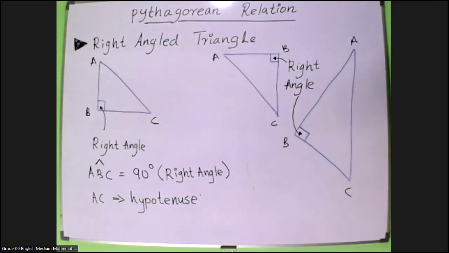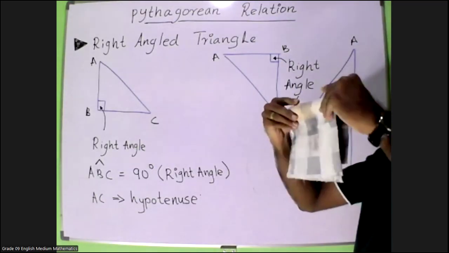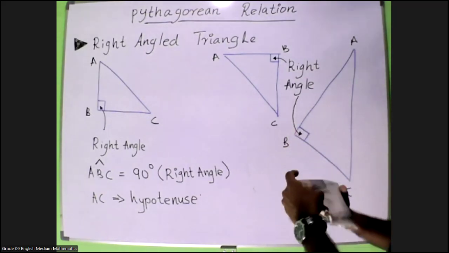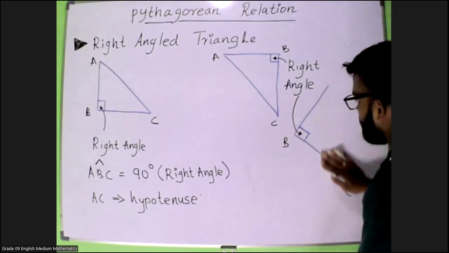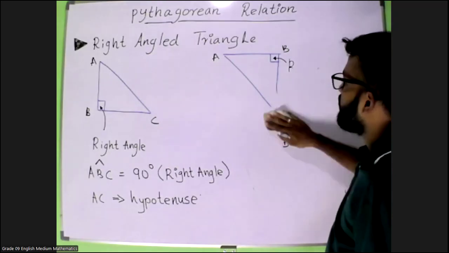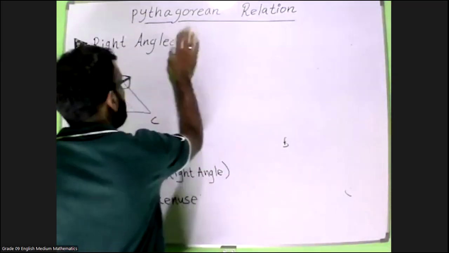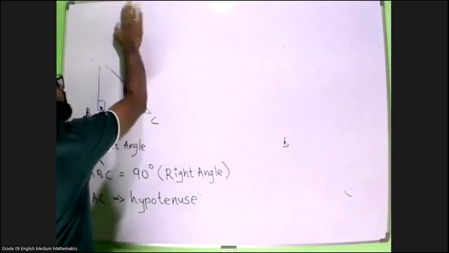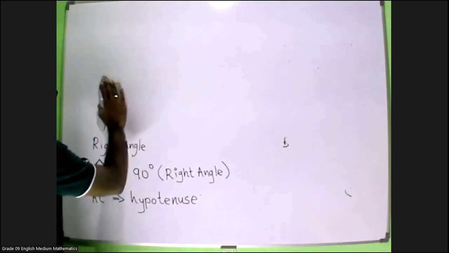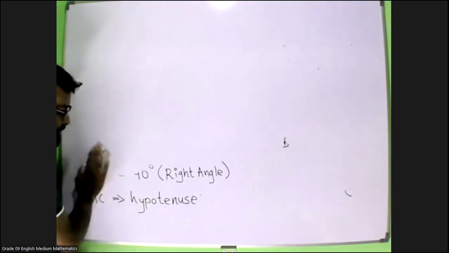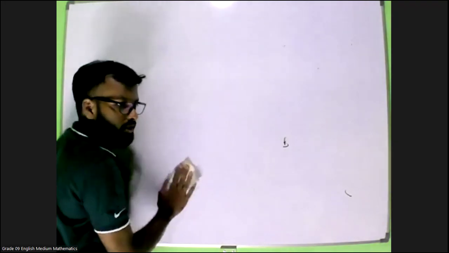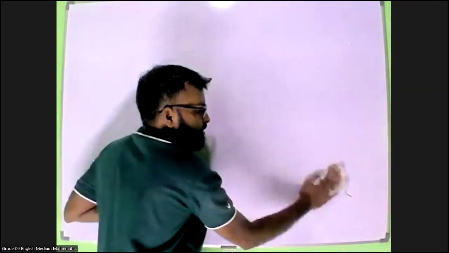So now we are going to discuss the Pythagorean relation, and that Pythagorean relation was introduced by a Greek mathematician called Pythagoras. That theorem has been named using his name to honor the mathematician, right?